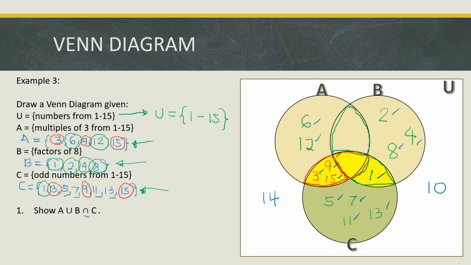So therefore, what are the elements of A union B intersect with C? Those are 1, 3, 9, and 15.